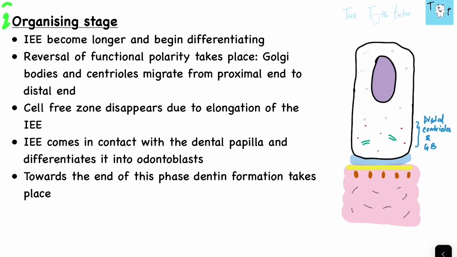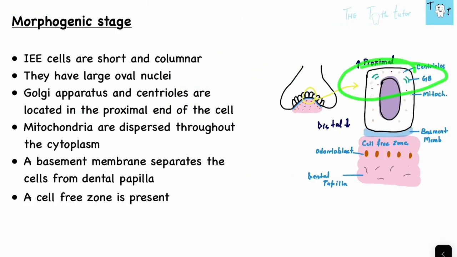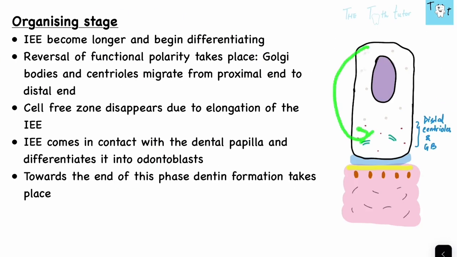Now moving to the second stage, the organizing stage. The cell we had will grow in size. So the cell we had was columnar, now it has elongated, okay, it has grown in size, and all the cell organelles which were present on the proximal side have now migrated to the distal side. Now the centrioles and the Golgi bodies are all on the distal side.